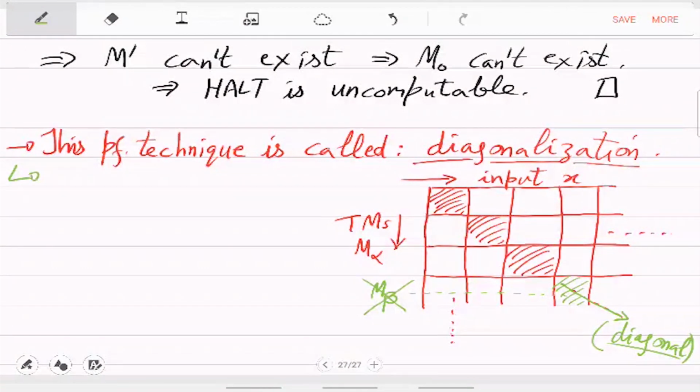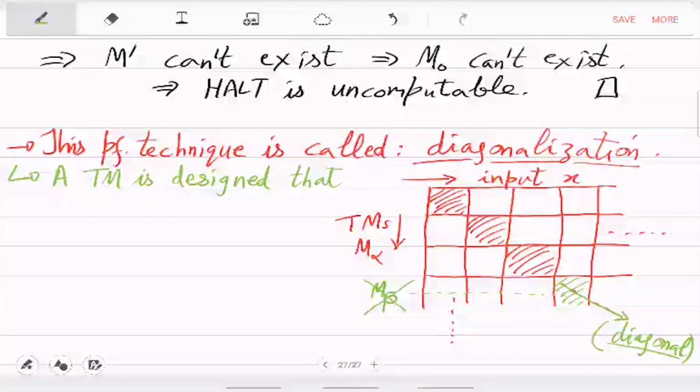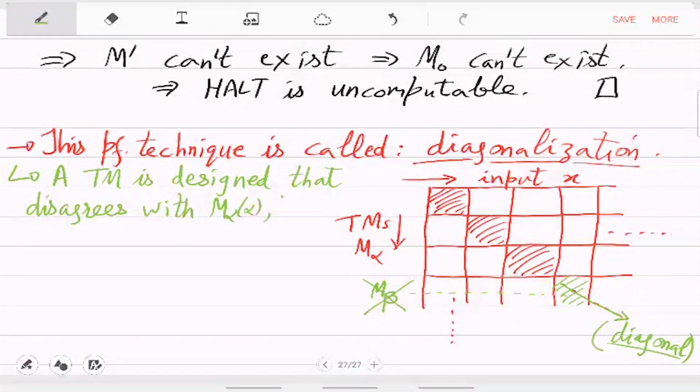So let me just write that a Turing machine is designed that disagrees with M alpha alpha for all alpha, right? So that Turing machine M beta cannot exist. That was the contradiction.